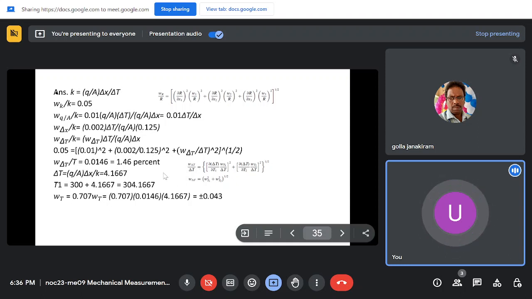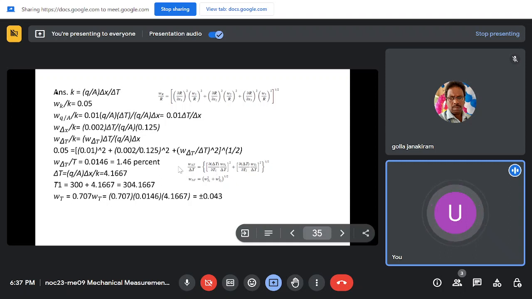From this, W delta T by delta T we have already calculated. So for each temperature measurement we have to calculate. So W delta T by delta T equals the same expression as is written for temperature. In this case, for differentiation of delta T with respect to T1, T1 and T2 are the variables, for both the plate temperatures. So we are measuring the temperature of both the plates. So uncertainty in temperature is what we needed.